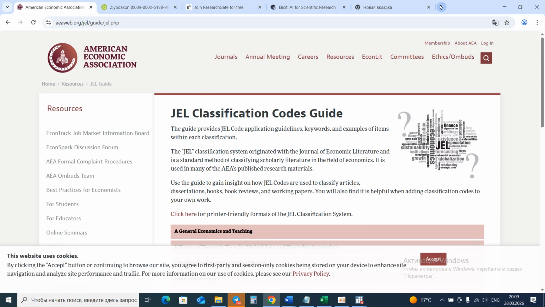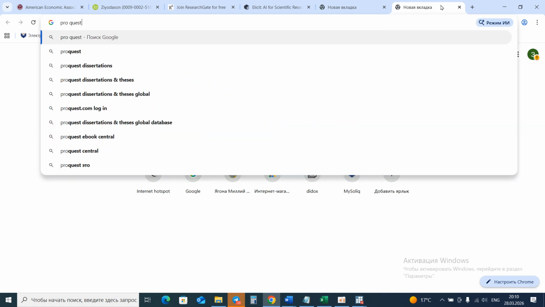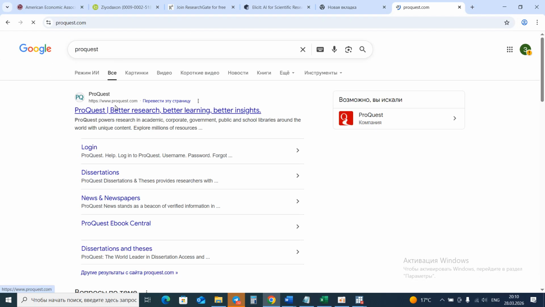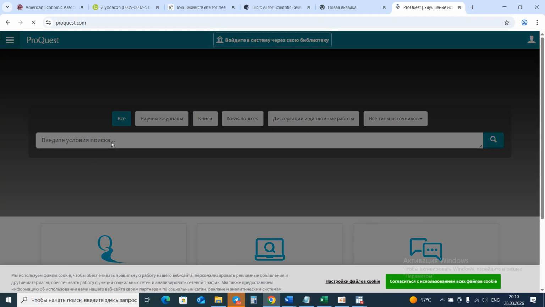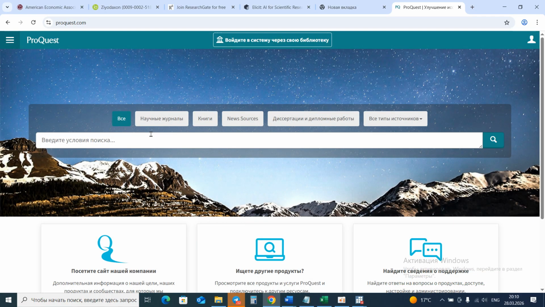Here we search for ProQuest. Click on it and write our topic.